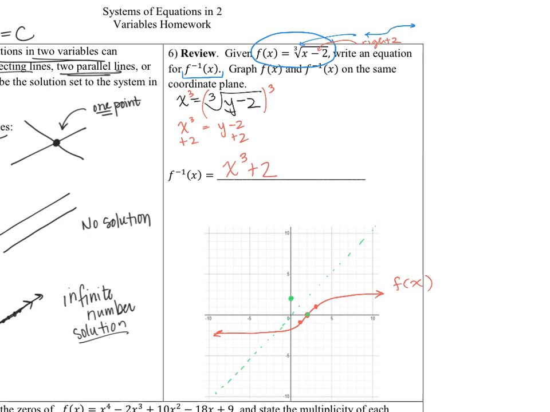So you can see how that's undoing. And so this guy is going to be the graph that grows upward, goes faster, it's cubing stuff, and the plus 2 is shifting it up 2, which matches up with the green dot that it has right now, actually. So I'm going to sketch that guy. And so there's the inverse, which you could see is a reflection over that line, y equals x, which was the identity.